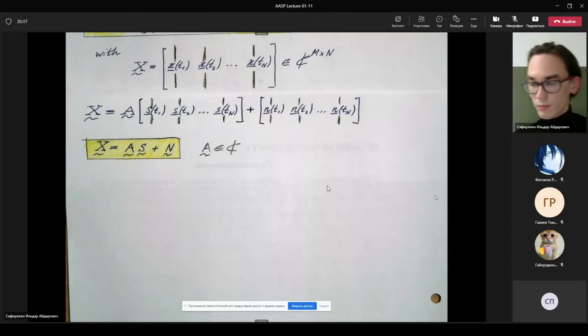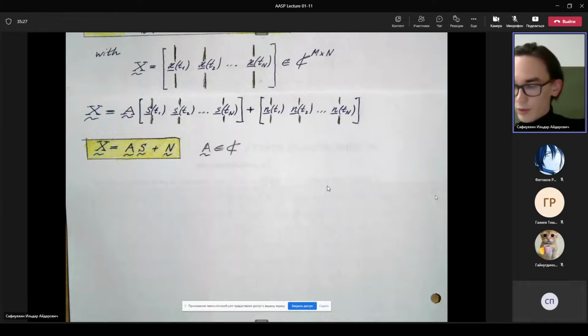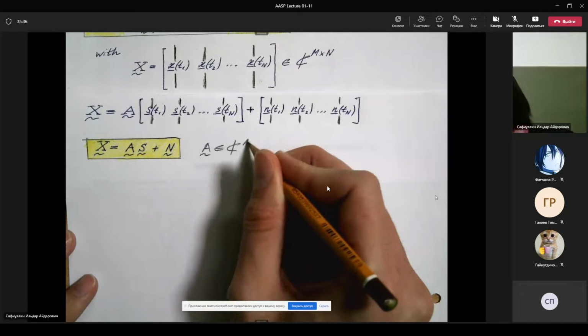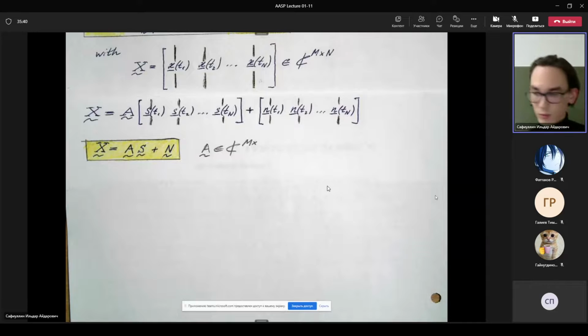Any ideas? No? M times 1 or M times N? Yes, the first one, of course, M, because the number of rows of X is M. But the number of columns is not 1 and is not N.